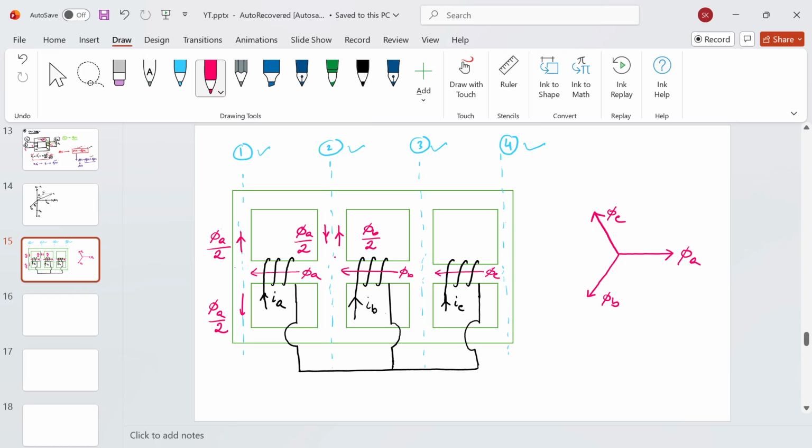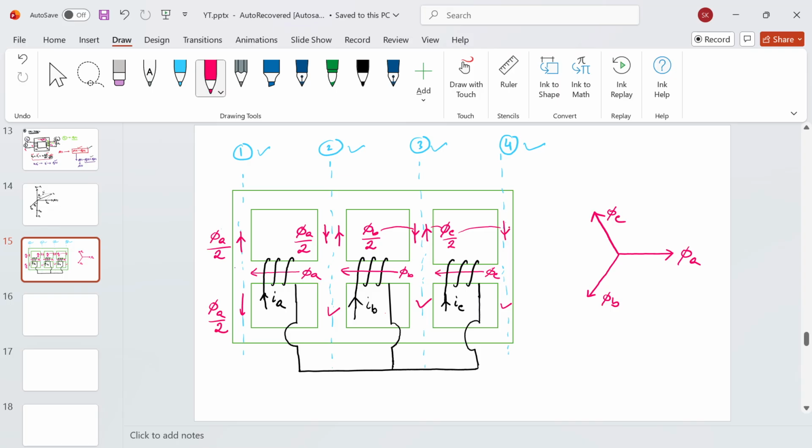The same thing happens here also. In section 3, you have phi B by 2 in this direction, and phi C by 2 in this direction, and again phi C by 2. You can check the flux flowing through these sections also.